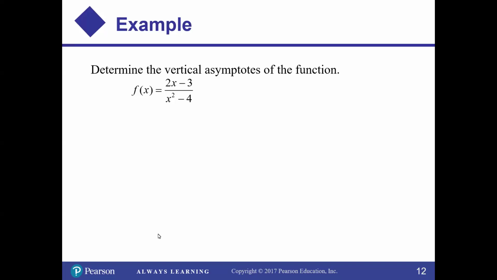So we're going to determine the vertical asymptotes of this function: 2x minus 3 over x squared minus 4. We're going to look at the zeros of the denominator first. We take x squared minus 4 and set it equal to 0.